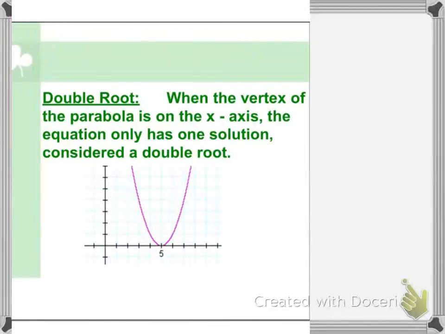This is an example of when it only crosses once. 1 solution. When it is 1 solution, we call it a double root. So in a minute here, you're going to go around the room and you're going to tell me how many solutions there are. And if something only crosses 1 time because the vertex is on the x-axis, then you would tell me 1 solution or 1 root.